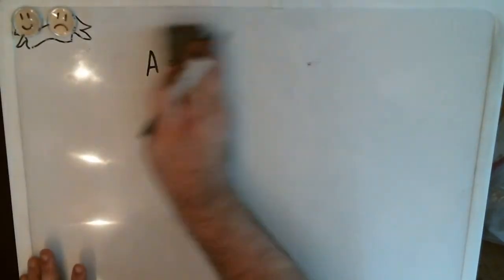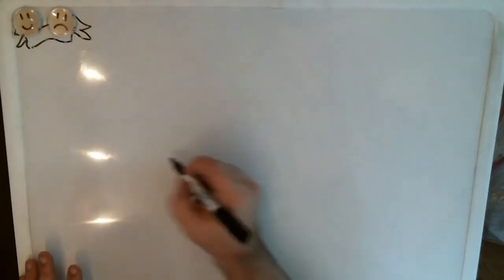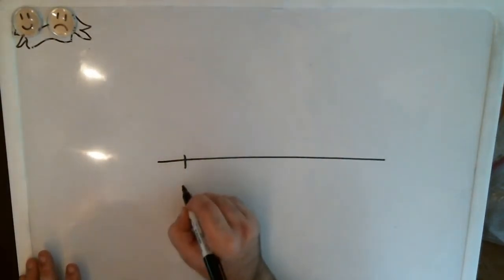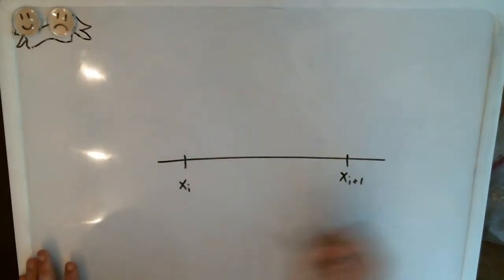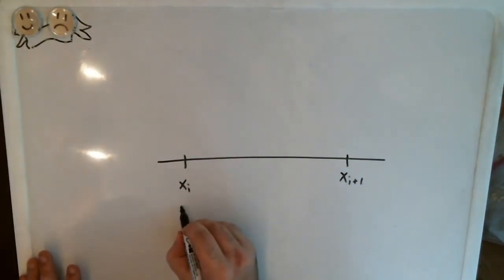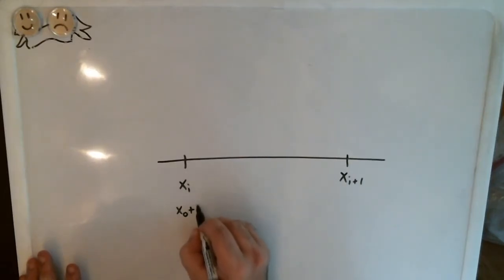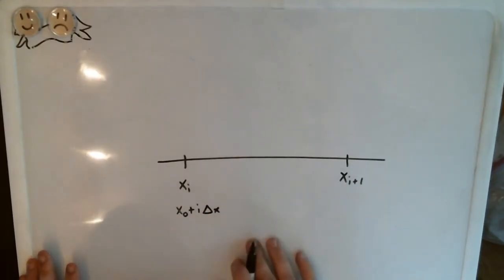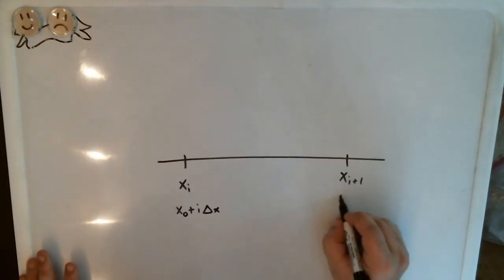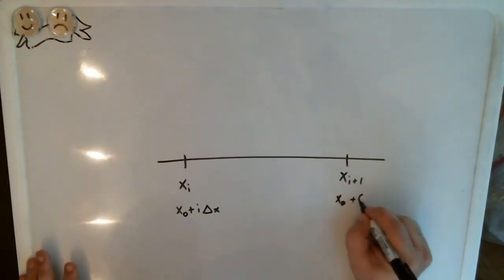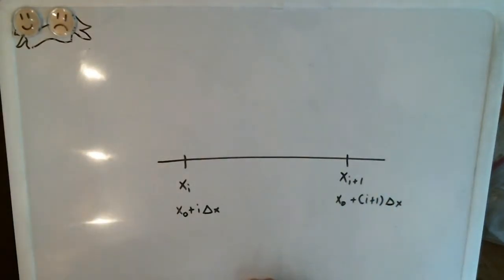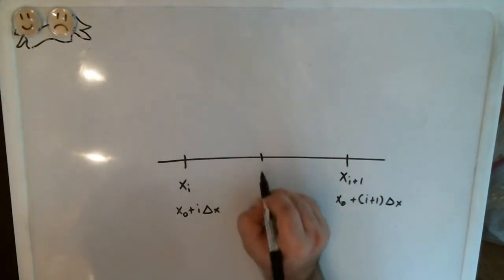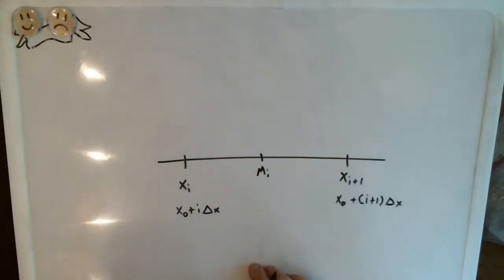Now on our worksheet, I asked: what's the midpoint rule? So if I have x_i and x_i plus 1, and we have formulas for these, this is the same as x0 plus i times delta x, and this is the same as x0 plus (i plus 1) delta x. If I want to use the midpoint between those two points, I can calculate it.